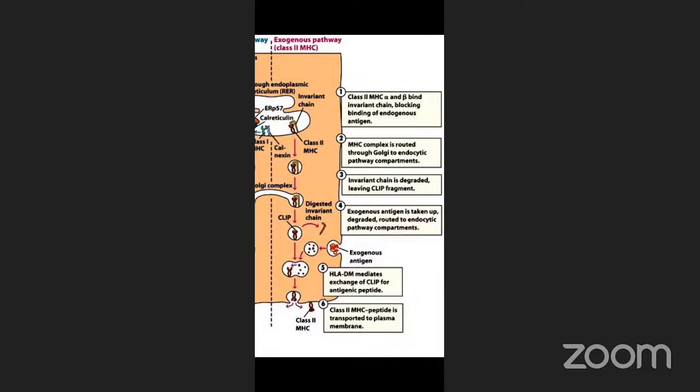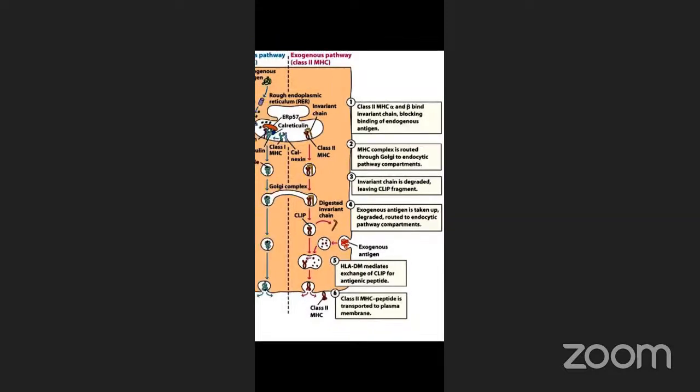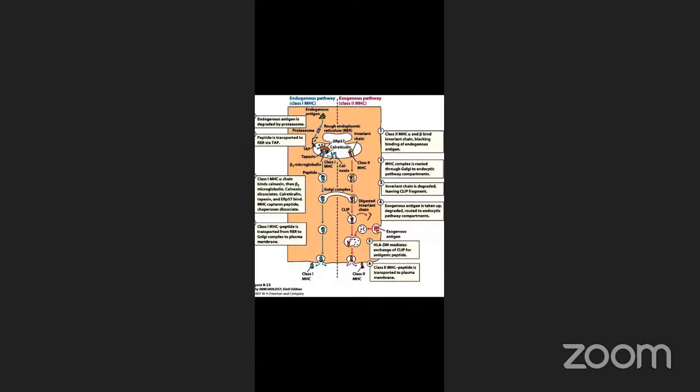You simply remember about antigen presentation: exogenous antigen is always presented to the T helper cell with the help of class 2 MHC molecule. Endogenous antigens are always presented to the T cytotoxic cell, that means the T lymphocyte, with the help of MHC molecule 1.